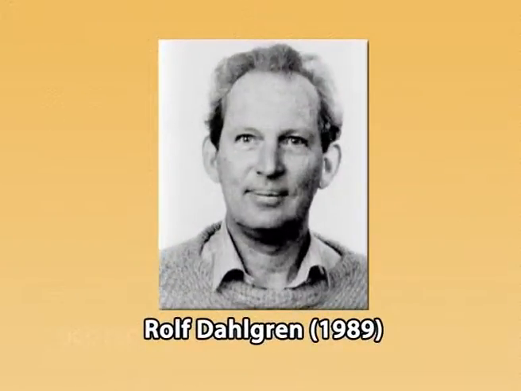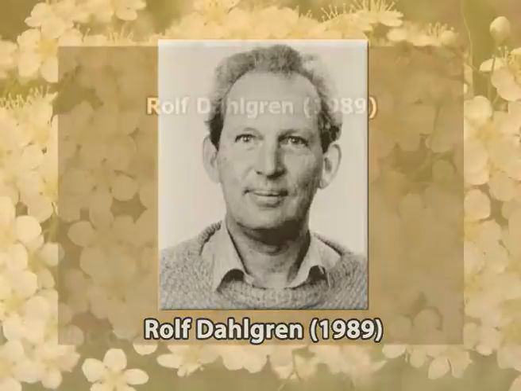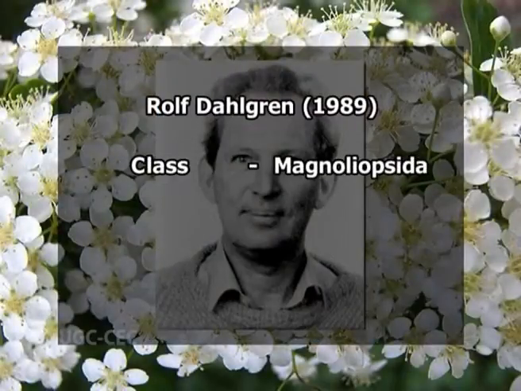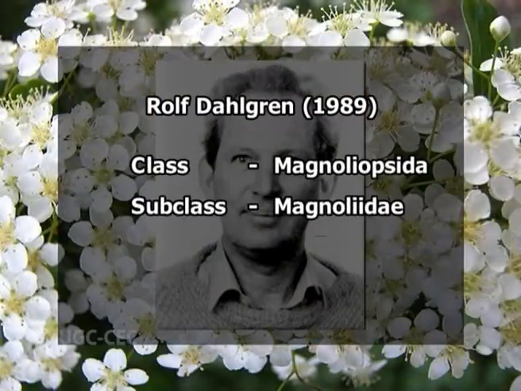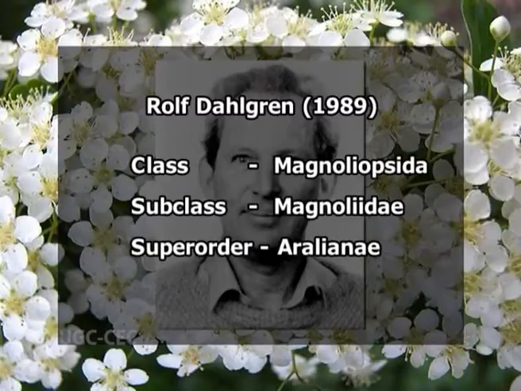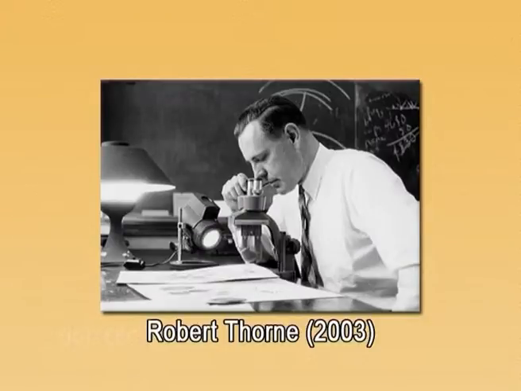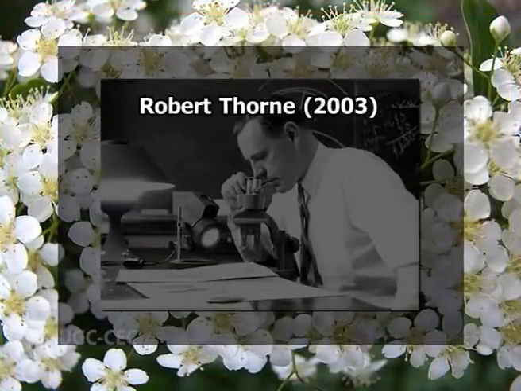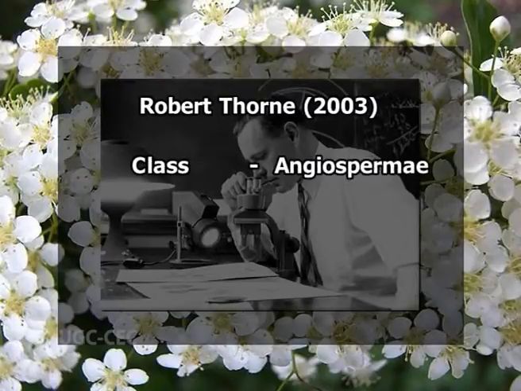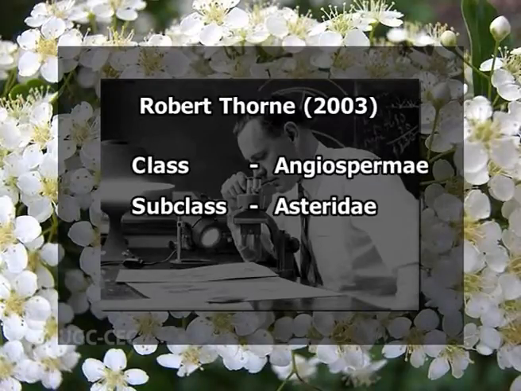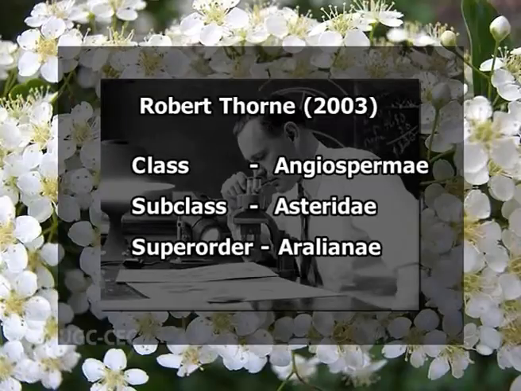Dahlgren also gave a classification of angiosperms. Under his classification, this family Apiaceae has been recognized under the class Magnoliopsida, subclass Magnoliidae, superorder Araliiflorae, and the order Araliales. Robert Thorne gave a classification under which the family Apiaceae belongs to class Angiospermae, subclass Asteridae, superorder Araliiflorae, and the order Araliales.